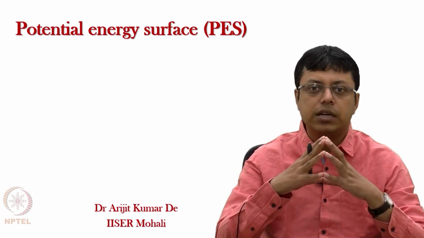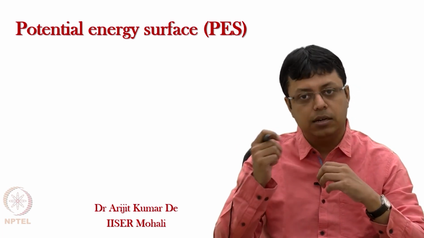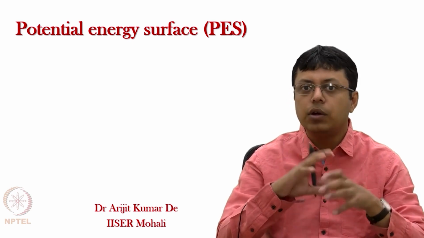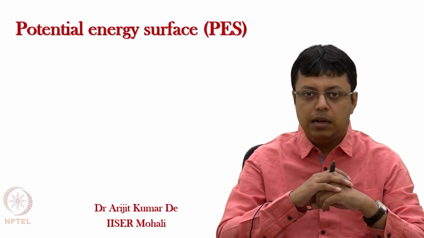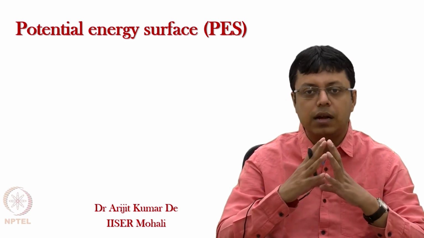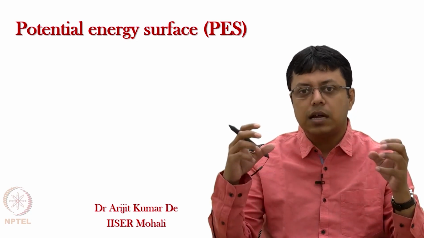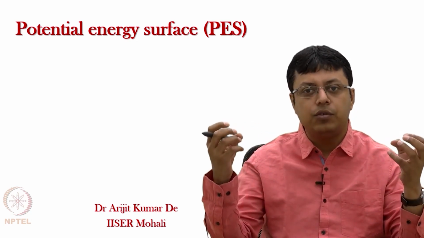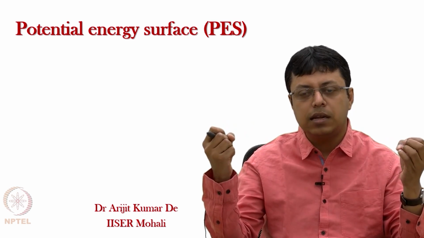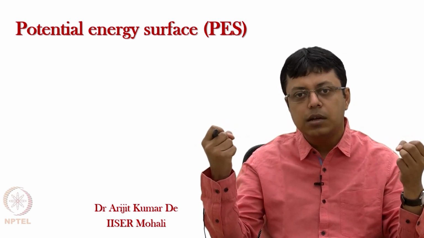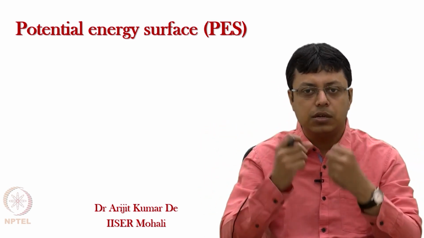Now, what is a potential energy surface and how is it connected to the reaction dynamics? That we are going to discuss. First we will understand what a potential energy surface is. Suppose I have two atoms and I bring them closer together.